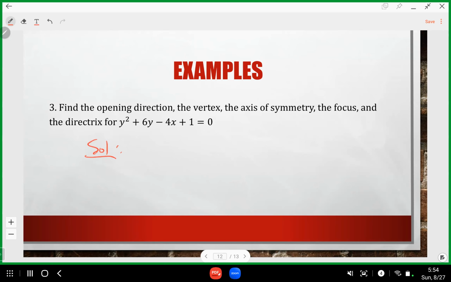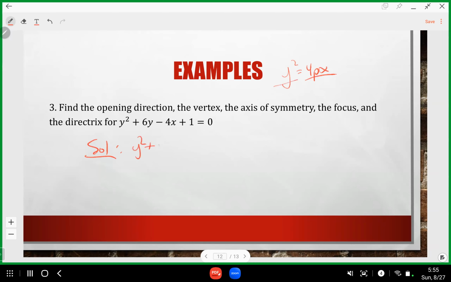So first of all, is this in the general form? No, right? So how do you get it into a general form? You have to complete the square. Obviously it's going to be y squared is equal to 4px somehow, with x on one side and y on the other.